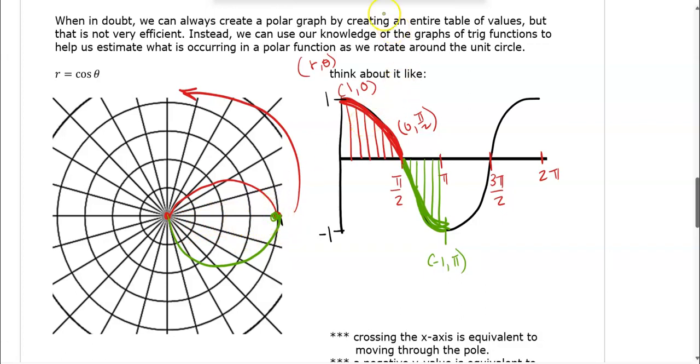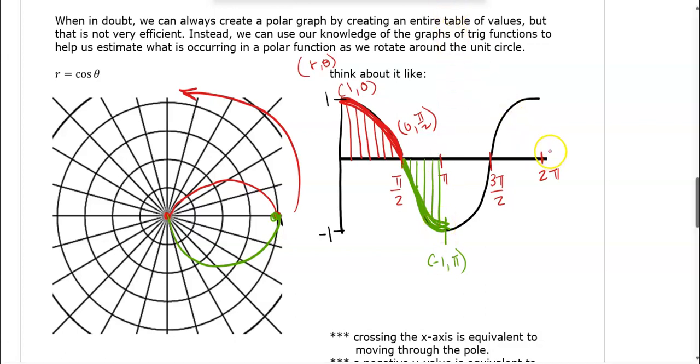In summary, as I'm going from this maximum down to the x-axis, my r is getting closer to the pole. As I'm going from where it crosses the x-axis to a minimum, my r is getting larger and larger. The distance from my pole is further and further.